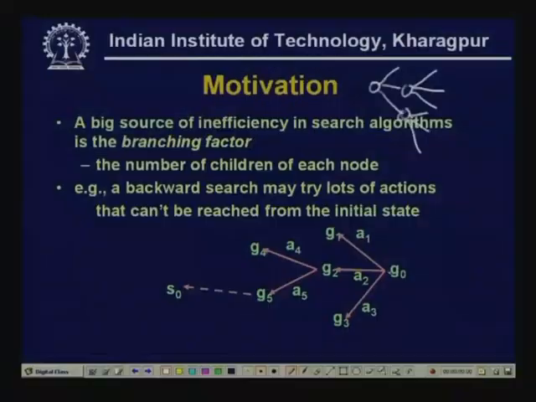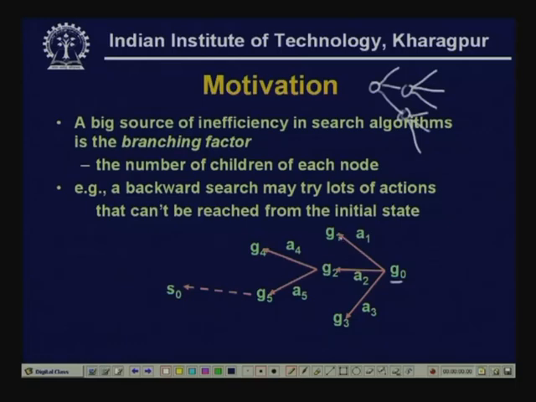So, to make a search problem more effective, what we would like to do is to limit the branching factor, or limit the number of children of each node. When you look at backward planning, you start from the goal and you find all the actions that could have produced the goal state, and then from each of the previous nodes you do the same thing.